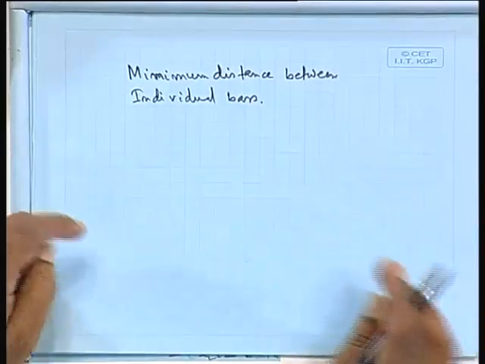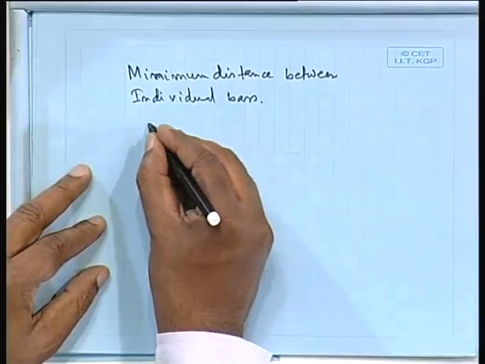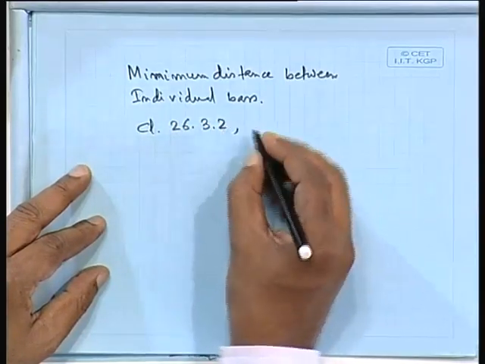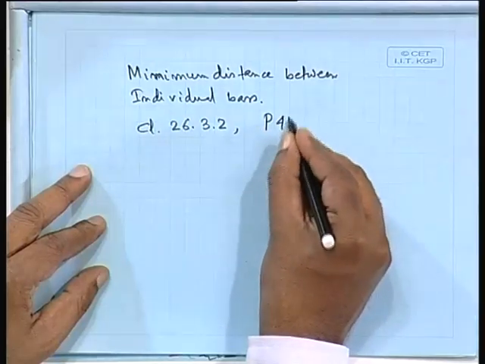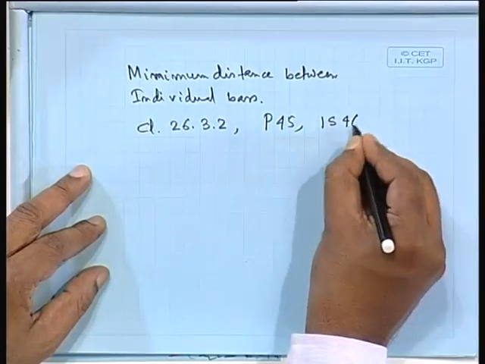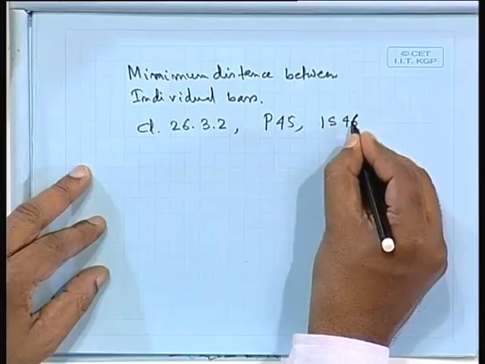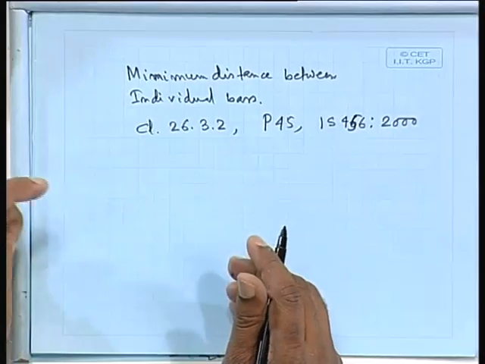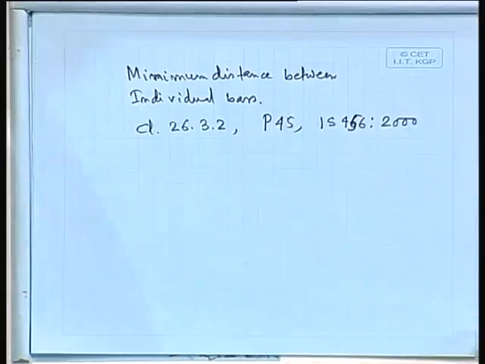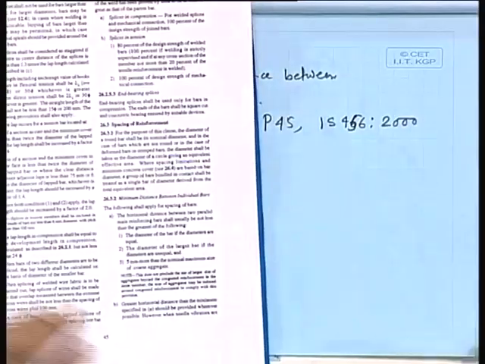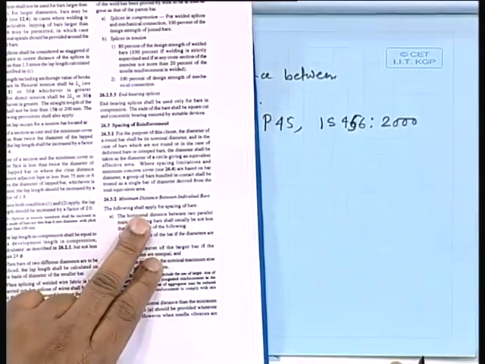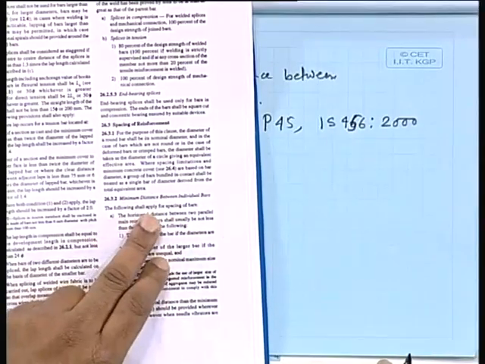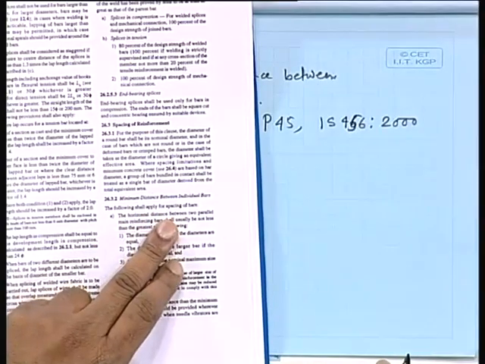Our code says in clause 26.3.2, page 45, IS 456:2000. Let me read it. The following shall apply for spacing of bars.